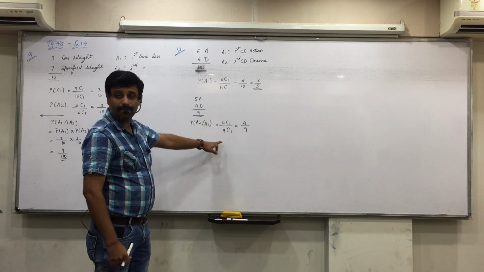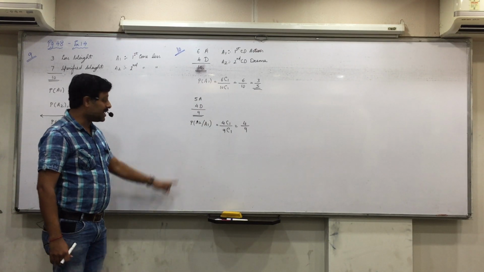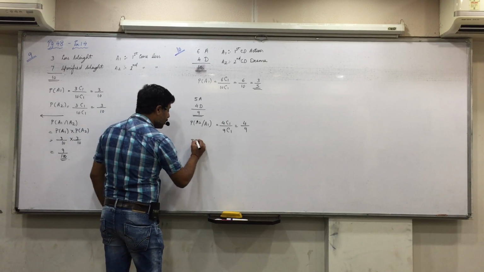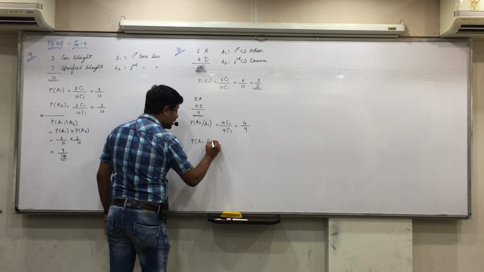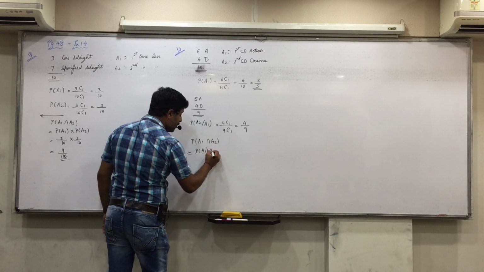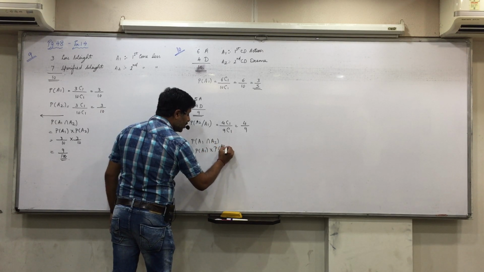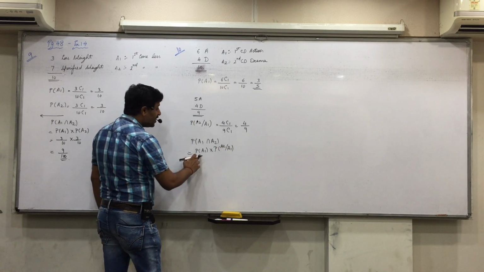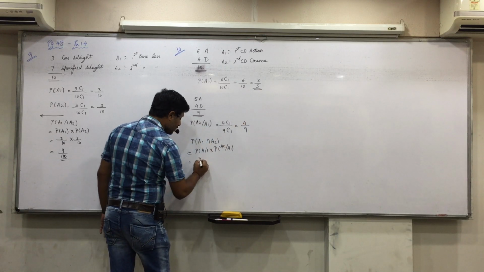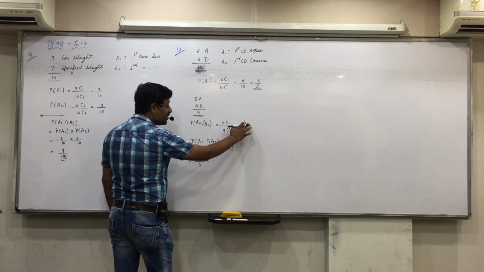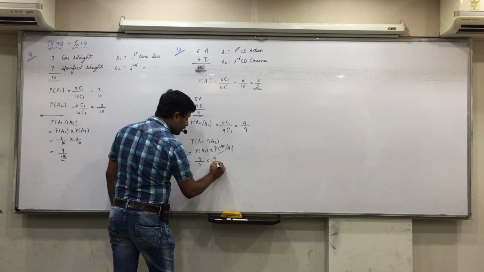That will be 4C1 upon 9C1. Here the second event depends on the first one. Now what is the probability that first is action and second is drama? P of A1 into P of A2 given A1. Probability that first is action 3 by 5, and second is drama, given that first is action, 4 by 9.